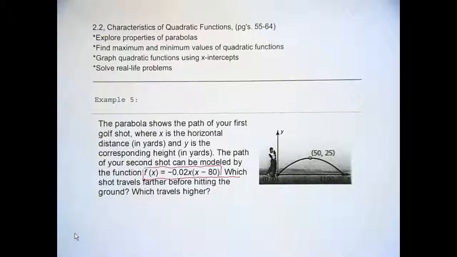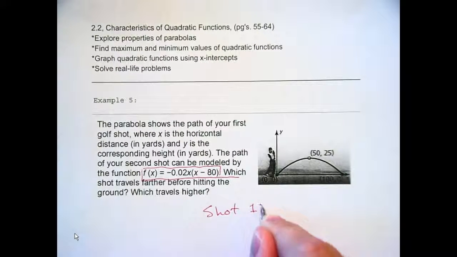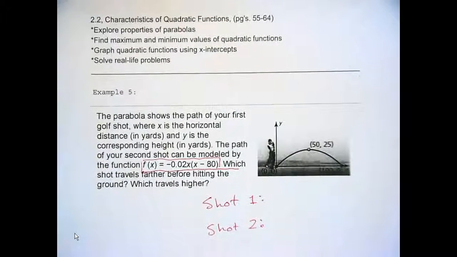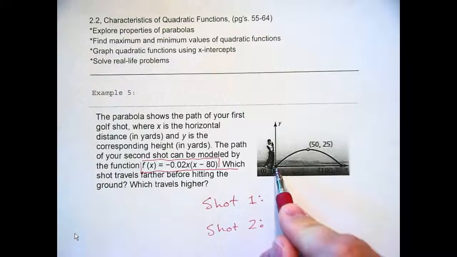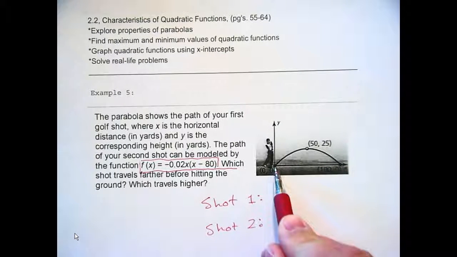All right. So how many say shot 1 travels farther? How many say shot 2 travels farther? Okay. Well, how far does shot 1 travel? 100. All right. It goes a total distance of 100, right? So this is our first shot.